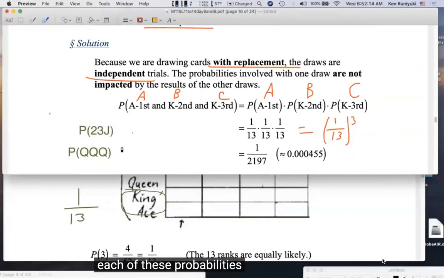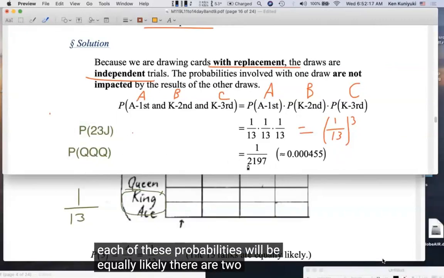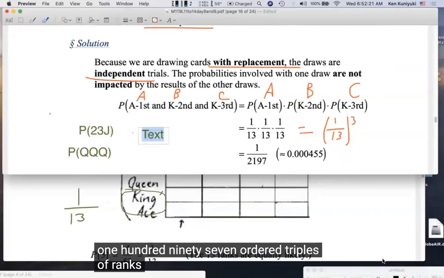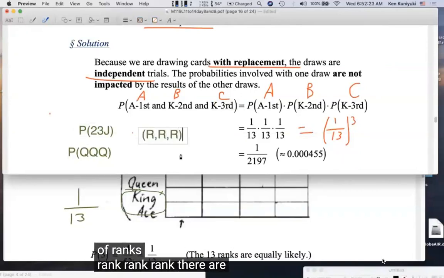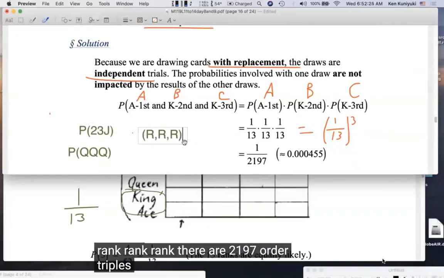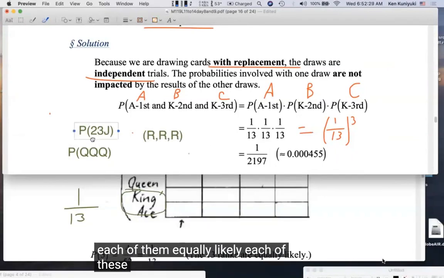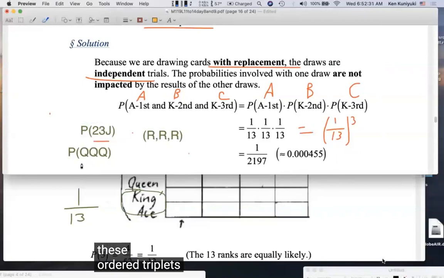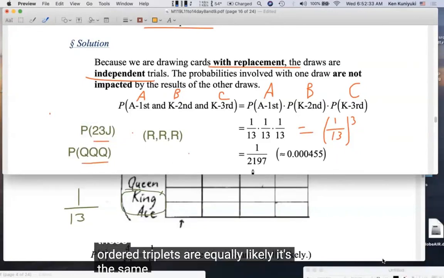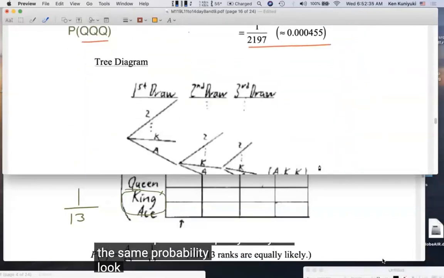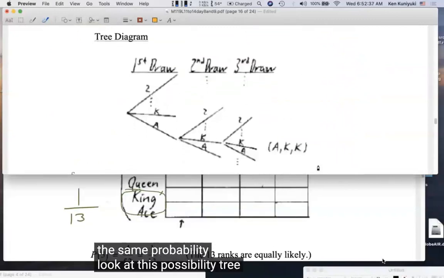Each of these probabilities will be equally likely. There are 2,197 ordered triples of ranks. Rank, rank, rank. There are 2,197 ordered triples of ranks, each of them equally likely. Each of these ordered triplets is equally likely. It's the same probability. Look at this possibility tree.